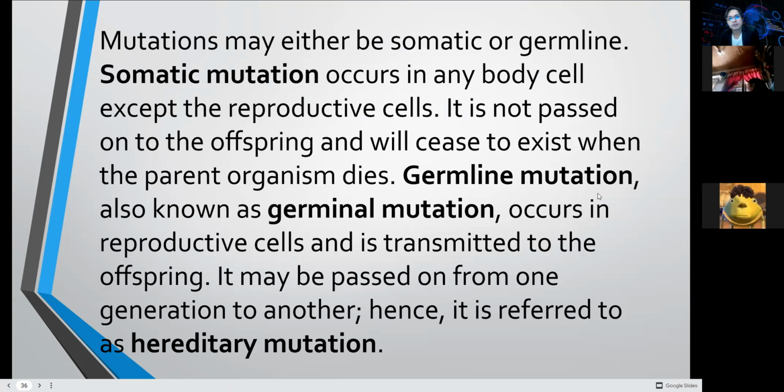It is not passed on to the offspring and will cease to exist when the parent organism dies. So you are carrying that somatic mutation, but when an organism dies, it will just cease. It will not continue to the progeny.